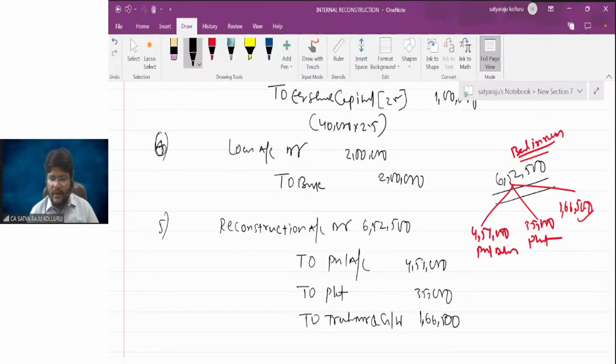There is no balance in reconstruction account after passing this entry. Even we are unable to set off the entire value of trademarks and goodwill. That's why we are unable to transfer any single rupee to capital reserve. Oh, this is the 7th entry, sorry.